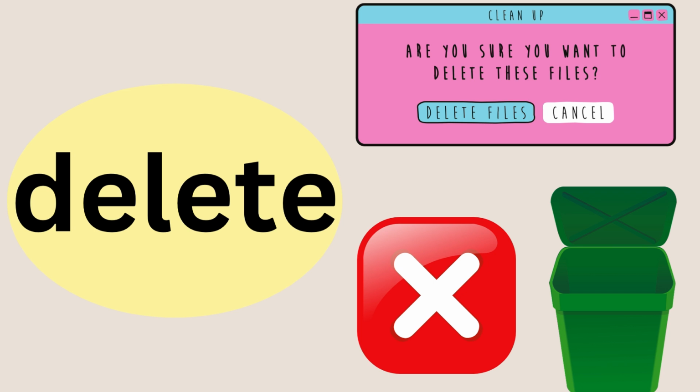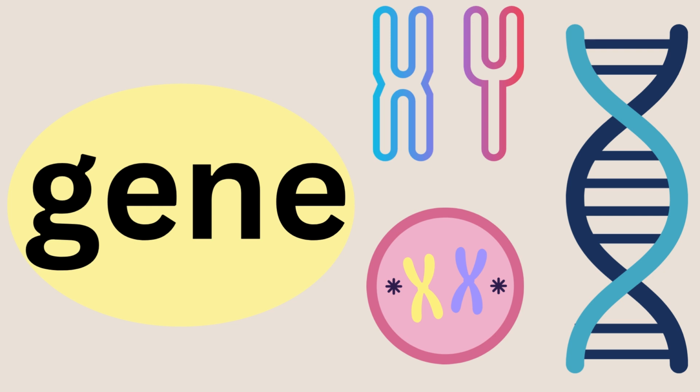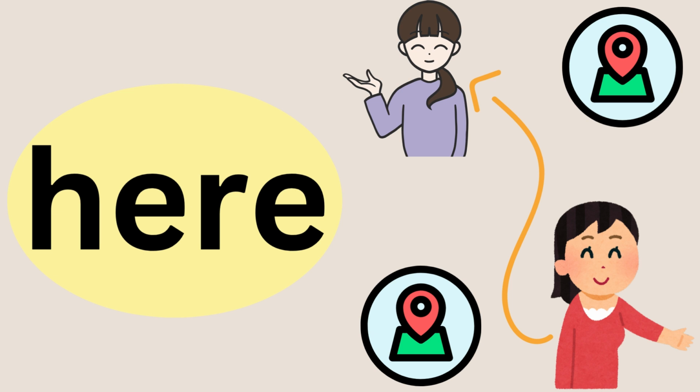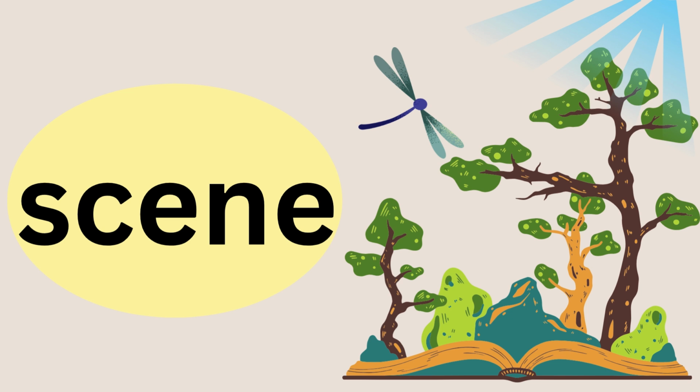Long E says E. Jean, we sound it out as Jean. Long E says E. Here, we sound it out as here. Long E says E. Seen, we sound it out as seen. Long E says E.